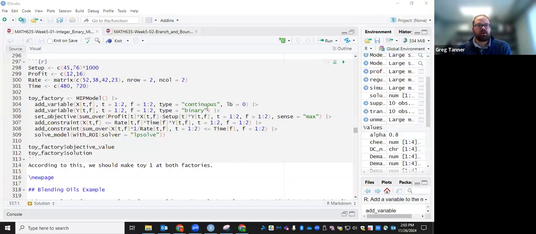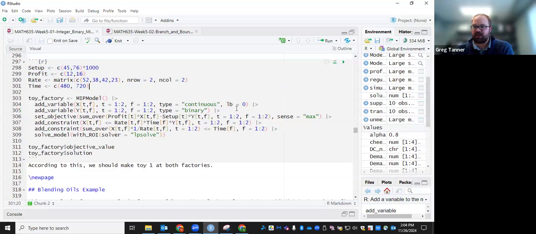Okay, here we are in R and the implementation. I've gone ahead and created my parameters up here, a matrix for the rates, and a couple vectors for setup, profit, and time. And then I've set it up with X variables as being continuous and Y variables as being binary, T going from 1 to 2 and F going 1 to 2 for both of them.